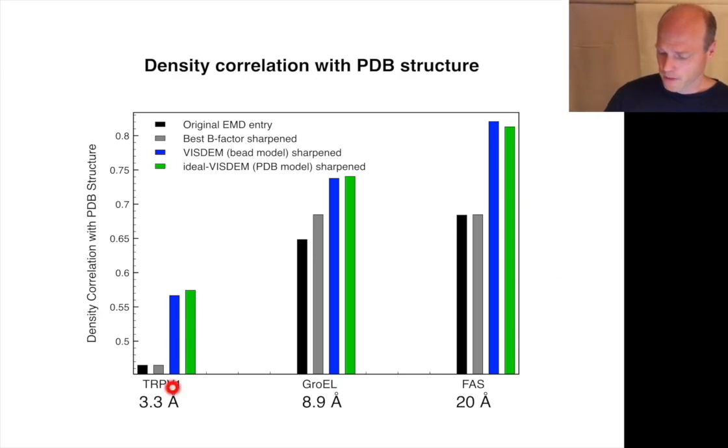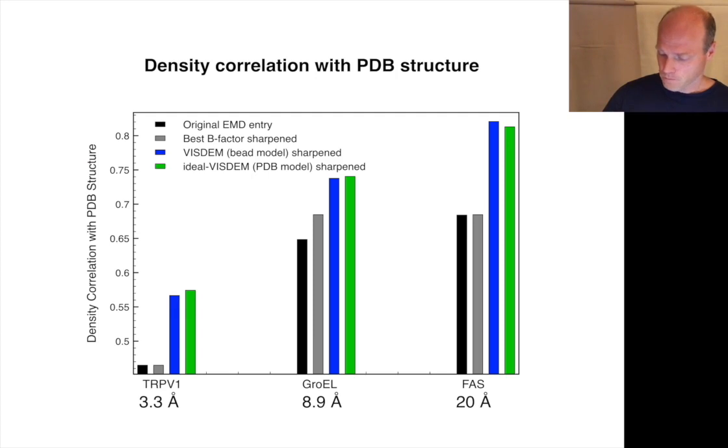We do the same thing here. This is the same information that I just showed you for the higher resolution case. We applied this also to lower and very low resolution density maps, and then plotted the density correlation with the correct atomic structure.